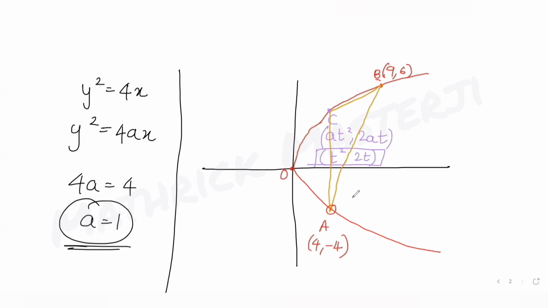Now once I have my triangle here, let's see how I solve this. We need to find the maximum area of this triangle ACB.